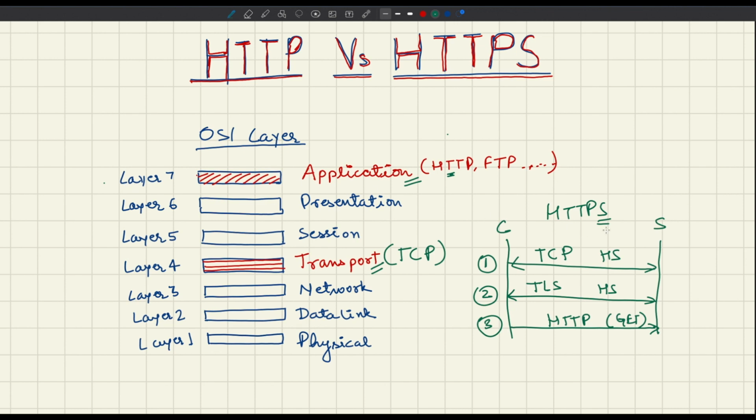What essentially separates HTTPS from HTTP is the presence of the SSL or TLS protocols. These protocols operate somewhere in between layer 7 and layer 4. You can assume that any application data that has to be sent will be passed to the SSL and TLS protocols for encryption, and then forwarded to layer 4 for transportation.